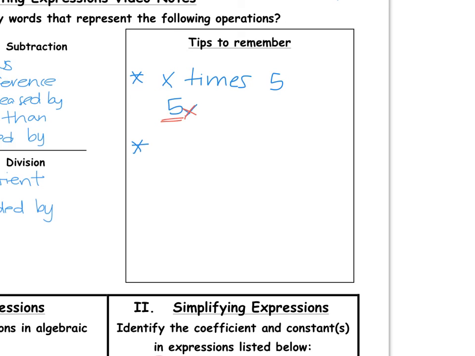Tip number 2 is don't use subtraction in the wrong order, and these are the two that a lot of students have to be careful about. So if we have the difference of 5 and t, that is written as 5 minus t.